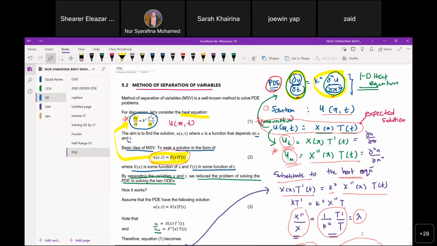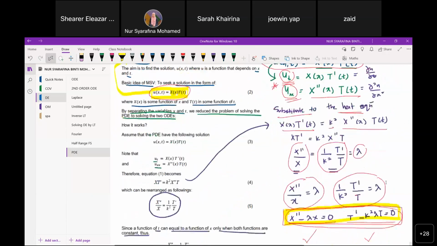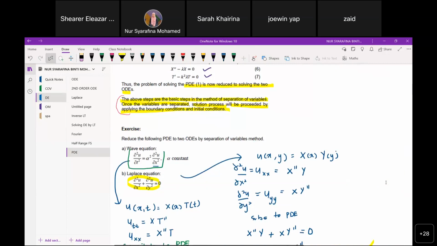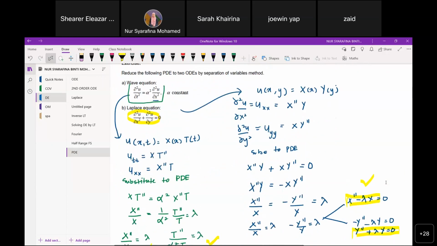Let's say here we have the wave equation. The wave equation involves u, x, and t, so the expected solution should be u(x,t).